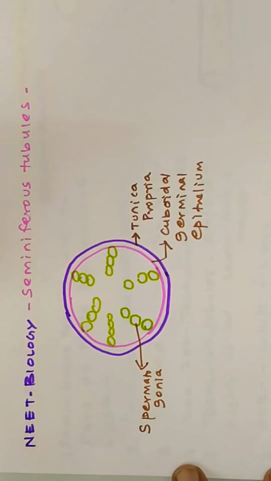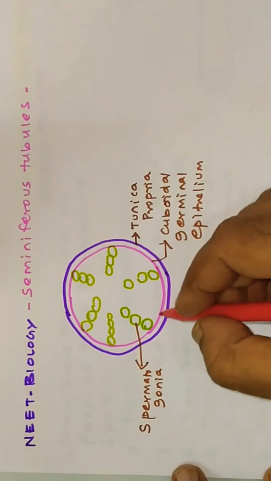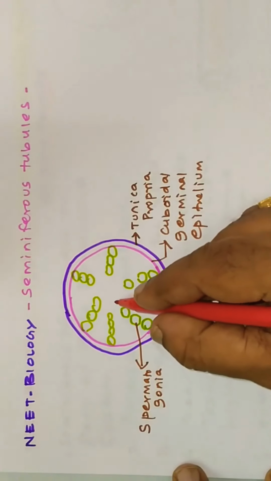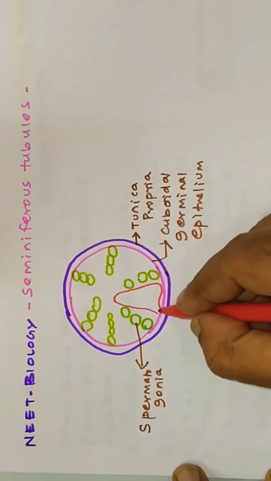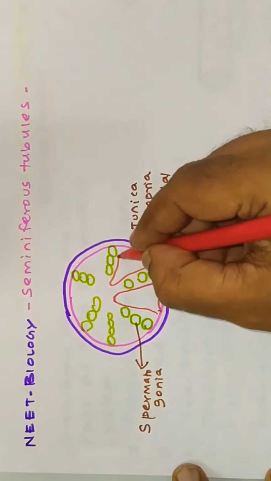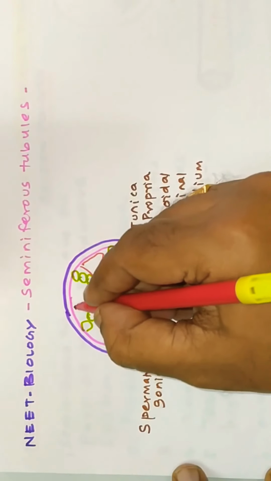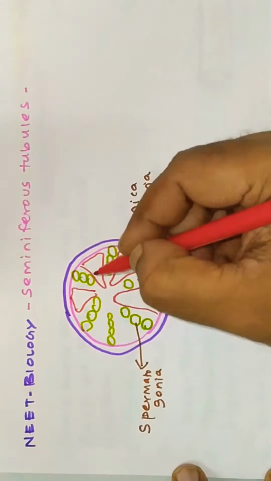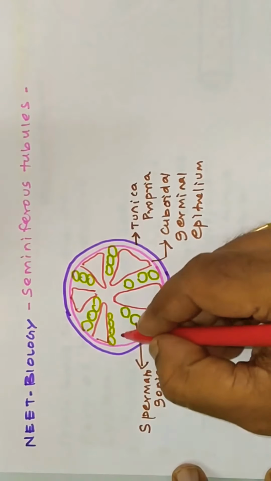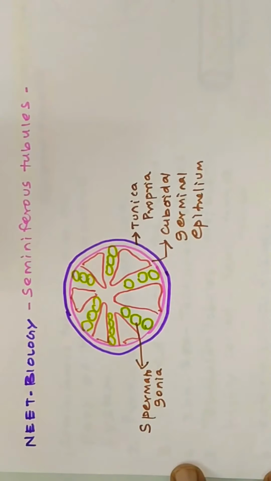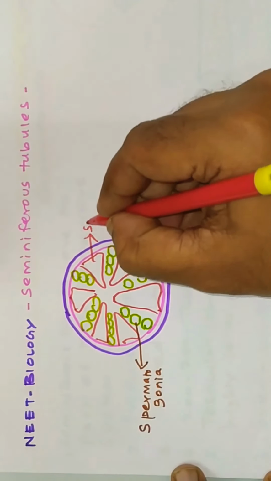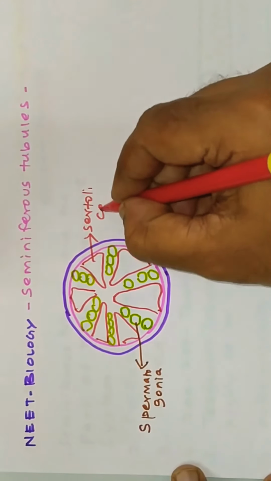In between the spermatogonia cells, the large columnar cells are present. These large columnar cells are said to be Sertoli cells.